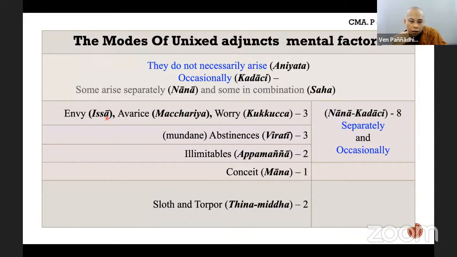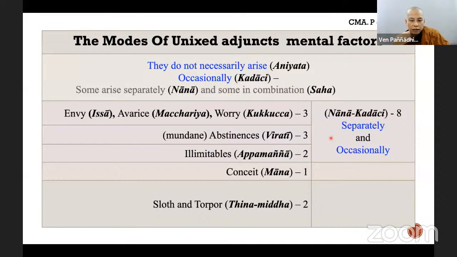I already mentioned that Issa, Macchariya, Kukkucca cannot arise at the same time. That is why these arise separately. And also they cannot always arise with dosa-mula consciousness. For example, he just gets angry by himself, or I get angry because someone is put in here, this misuse.